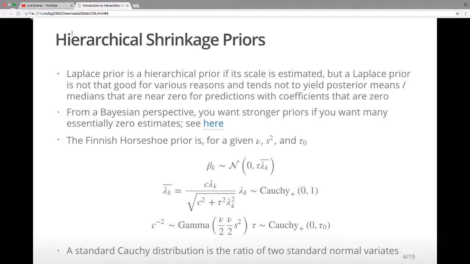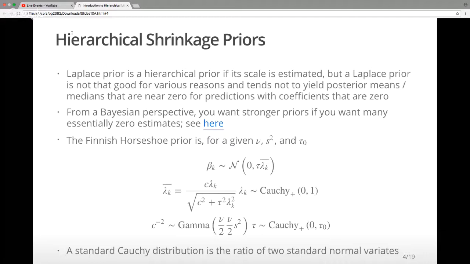And a Finnish horseshoe prior for a particular regression coefficient has this hierarchical specification. So the kth beta coefficient has a normal prior with the expectation of 0 and a standard deviation of tau times lambda bar k. And now we need, okay, what are our prior beliefs about tau and lambda bar k?